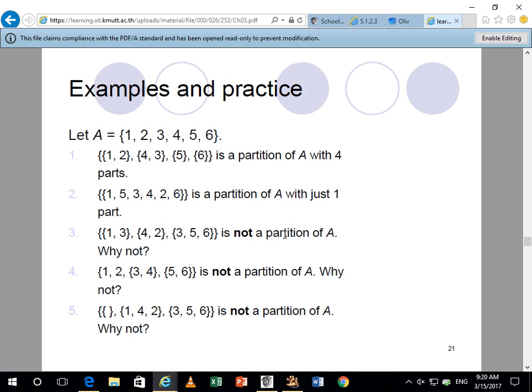That's why the last one here, which contains an empty set, is not a partition of A, given that A is this. Given that this class, CSC165, say, consists of all the students who are registered for the course, we don't consider the empty set as a part of a partition. Any questions about this?